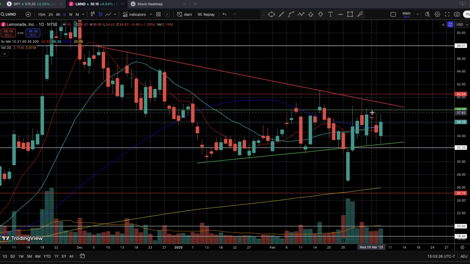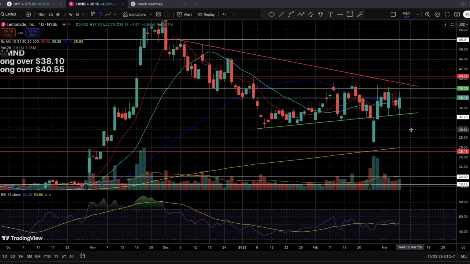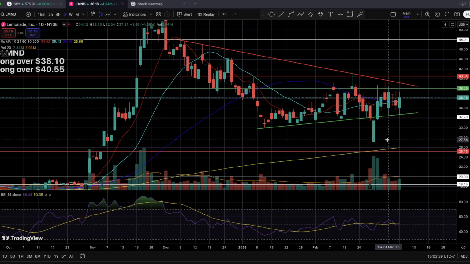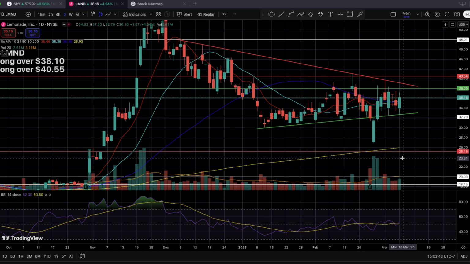So to me, this simply states that there is a good amount of relative strength in this name. And if you just take a look at the RSI here, the values are ranging at a very ideal range of around 40 to 60 with the midpoint around 50, right?